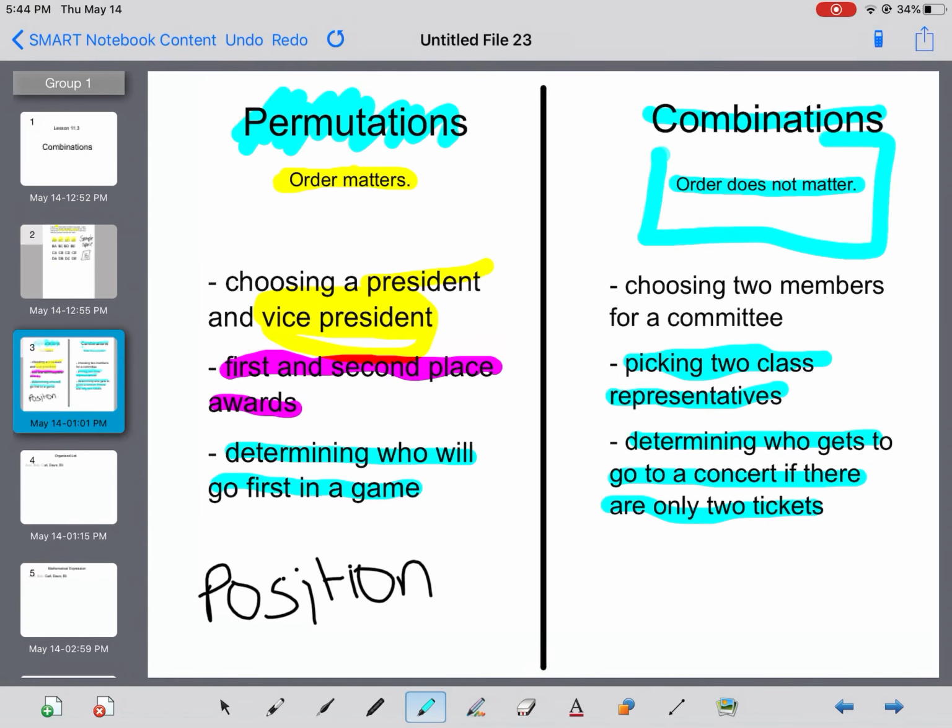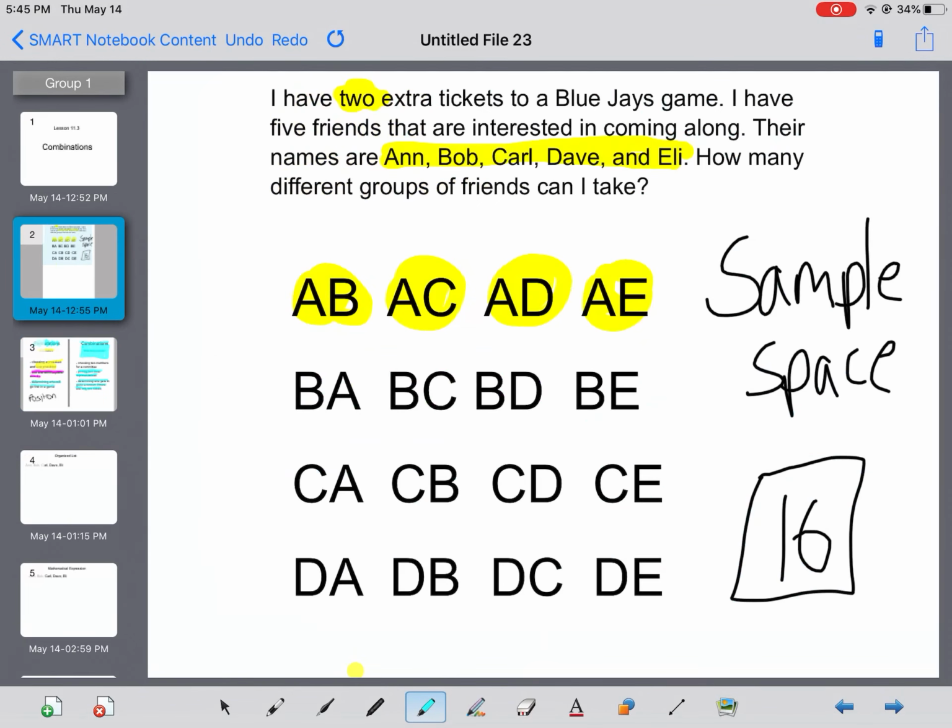Now, let's think carefully about what I said all the way up here. Order does not matter. So now let's go back to my original problem with the Blue Jays game. Let's think about the fact that order does not matter in this type of example. So let me just erase this.